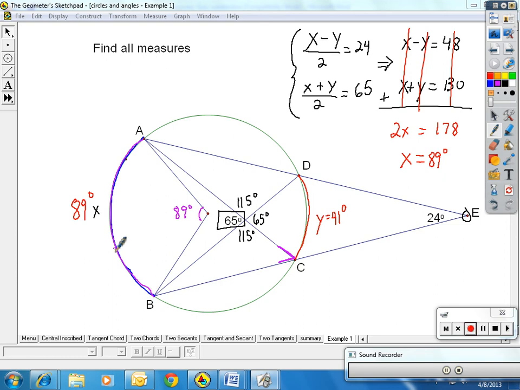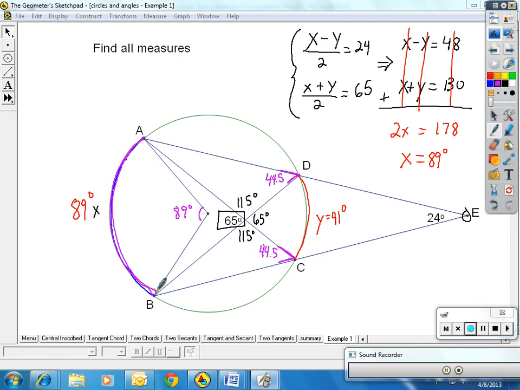So it's 89 divided by 2, cut it in half, to get 44.5. Similarly, this angle here is going to be 44.5 because they intercept the same arc that's 89 degrees, and they're inscribed angles.